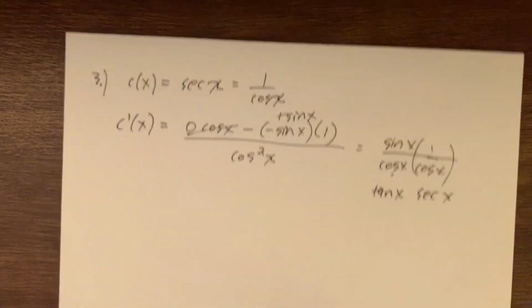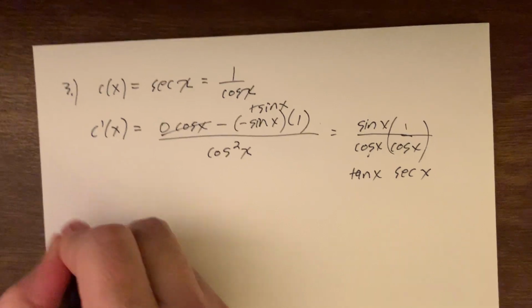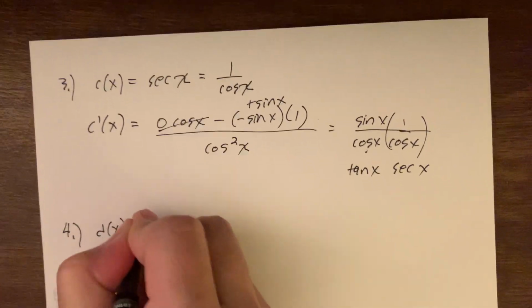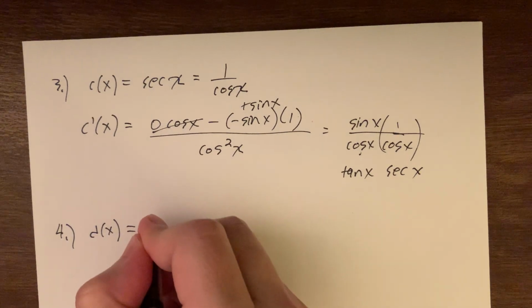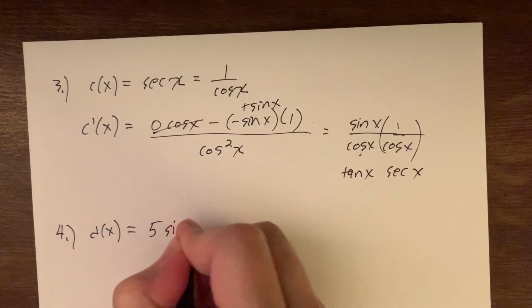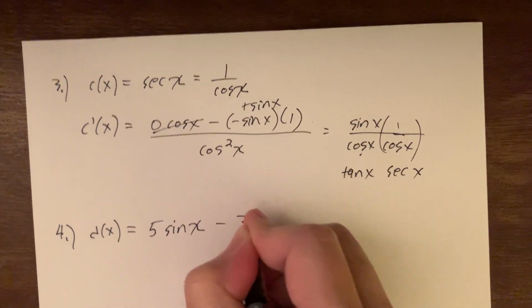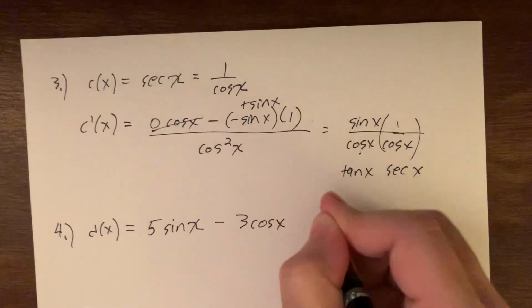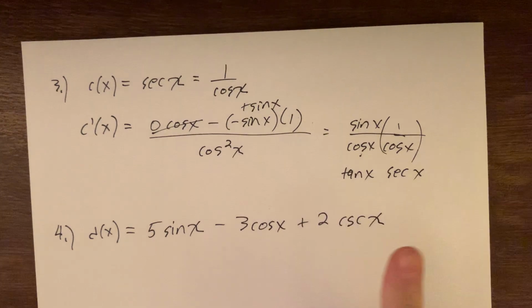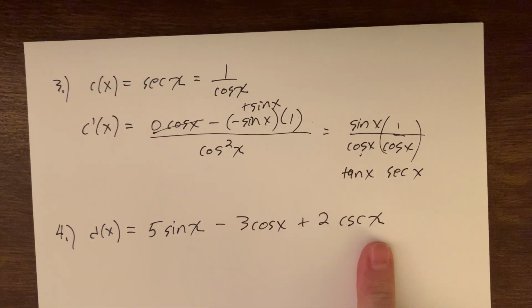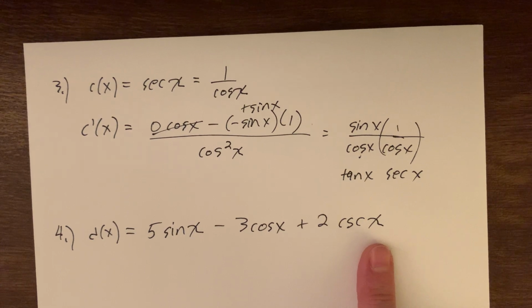So for number 4, let's look at d of x, and let's look at 5 sine x minus 3 cosine x plus 2 cosecant x. Still taking the derivative, still want to have a good approach.